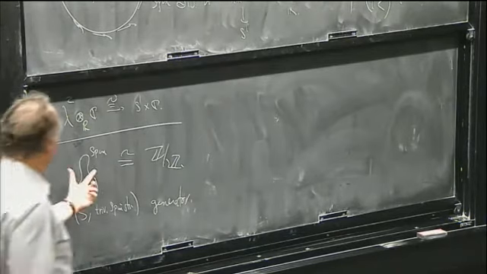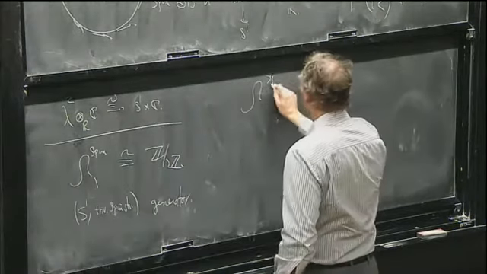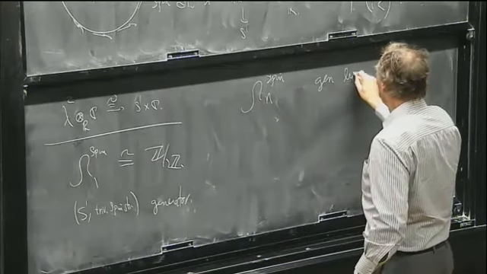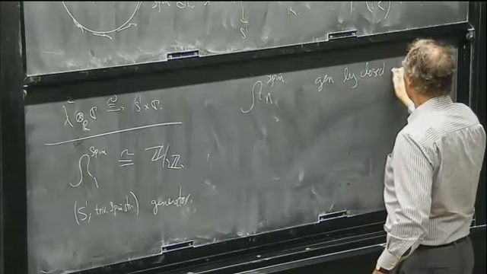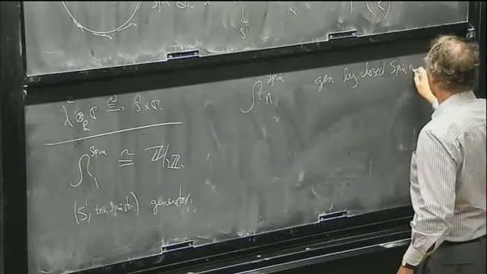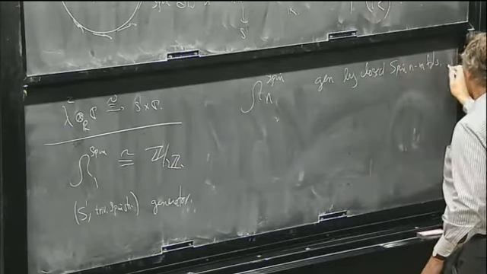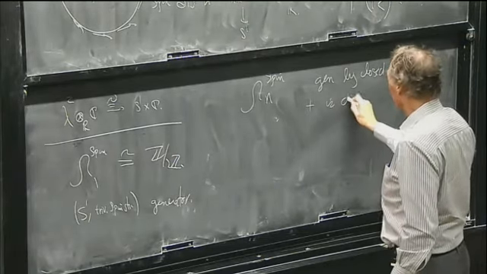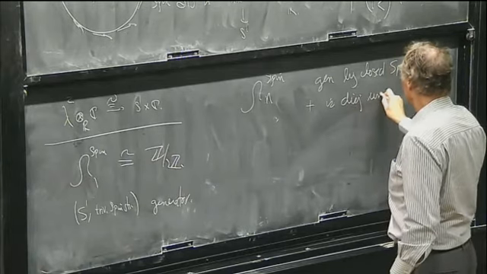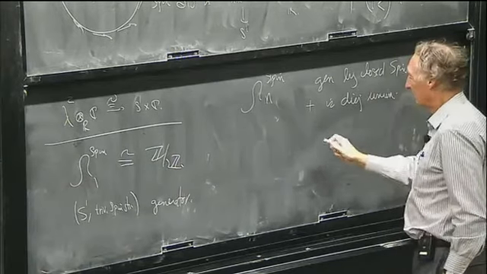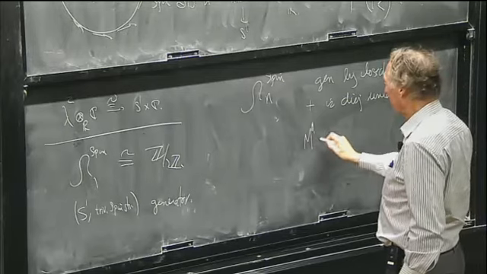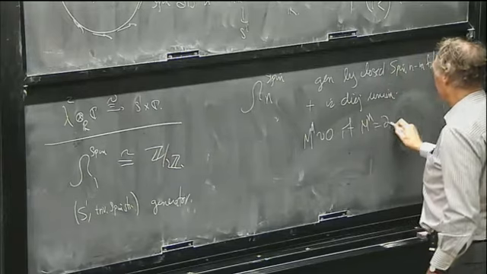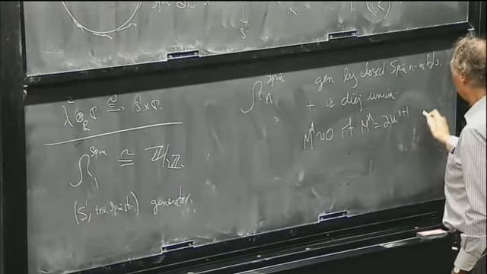The spin bordism in dimension n is generated by closed spin n-manifolds. The addition, this is an abelian group, is disjoint union. And we have an equivalence relation. We say that a spin manifold is equivalent to 0 if it's the boundary of an n plus 1 dimensional spin manifold.